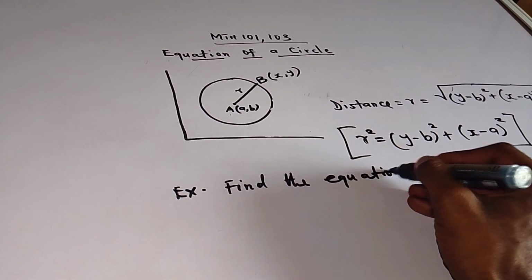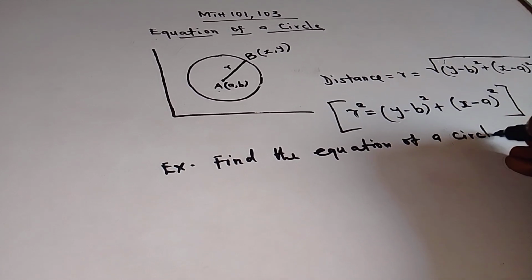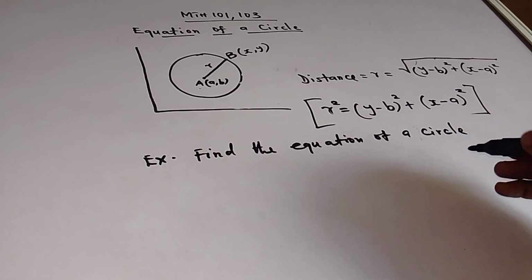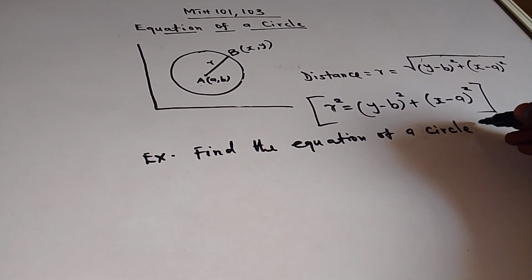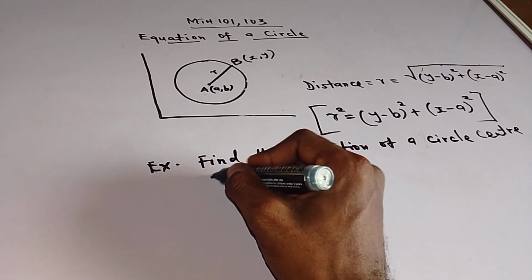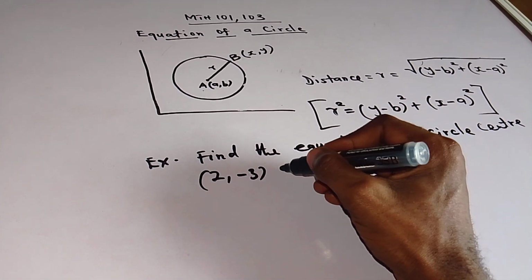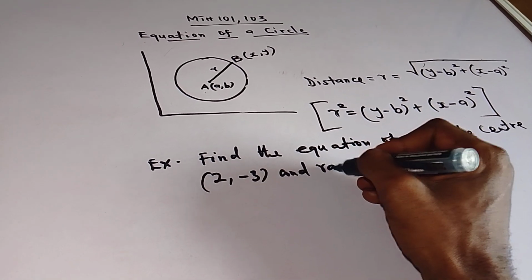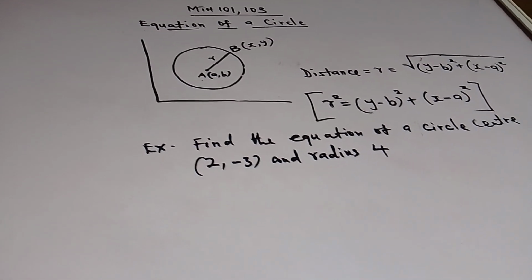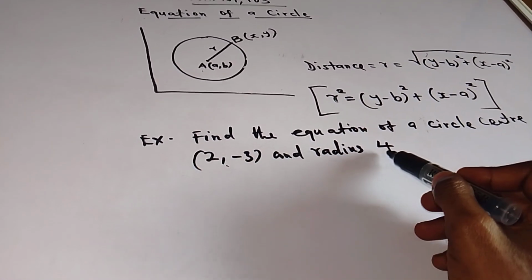Find the equation of a circle whose center is at point (2, minus 3), and the radius is 4. So we want to form the equation of a circle that has this center and the radius 4.